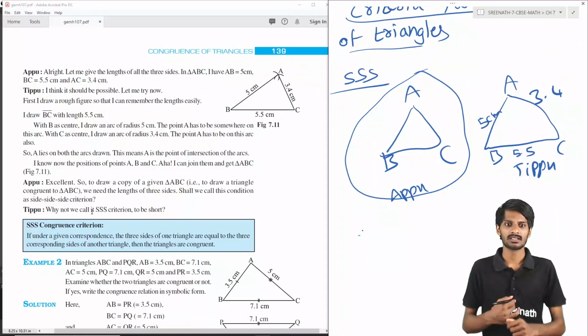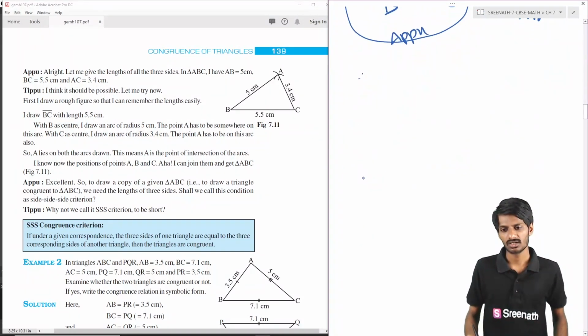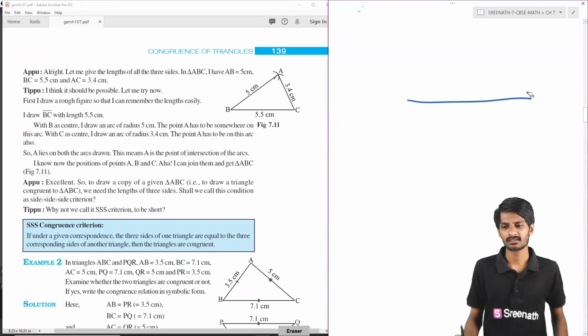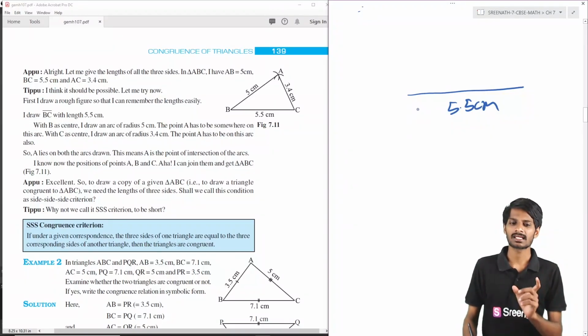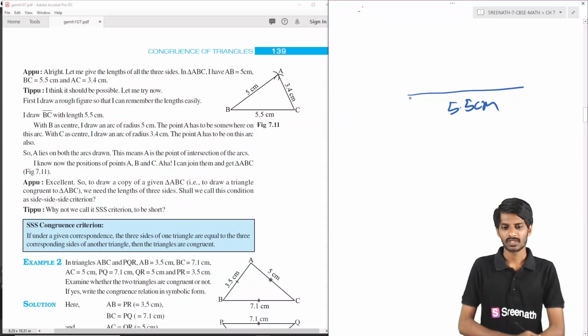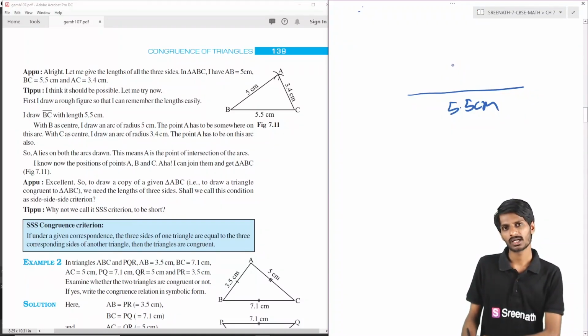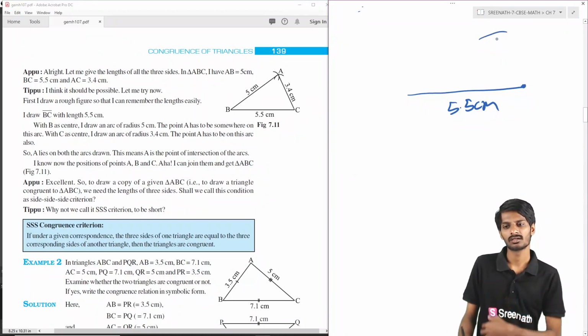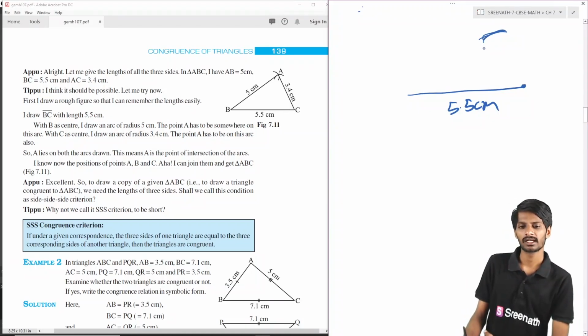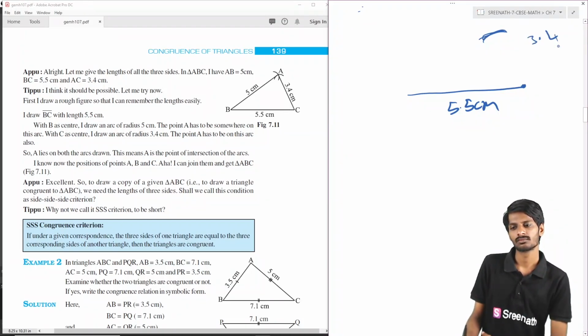Okay students, that is the case. For that, first we have to draw a base with one of the lengths. Here we take the first length as 5.5 centimeters. Next we have to take a compass, place it at this end, and with the help of that compass draw an arc keeping the radius as 3.4.